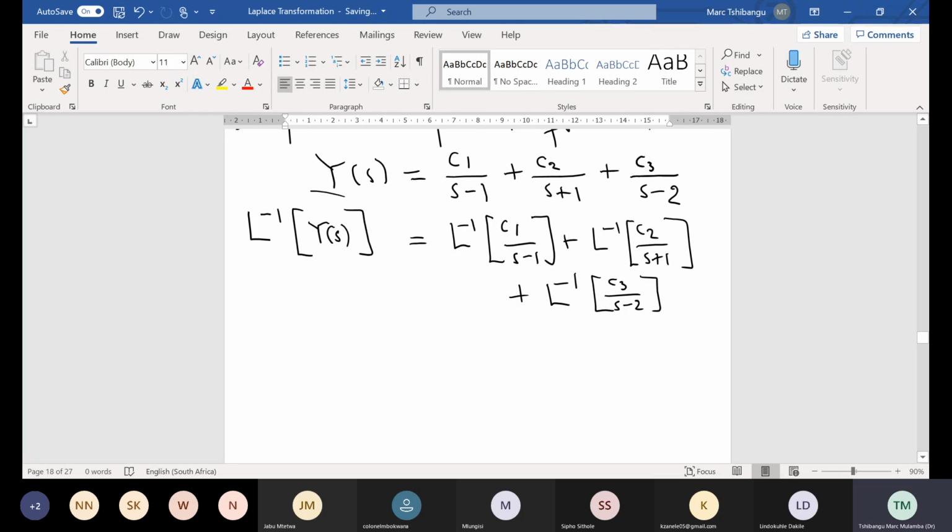We know the inverse Laplace transform of Y of S is y of t. So to go from the S domain to the T domain, you inverse Laplace transform the given function.